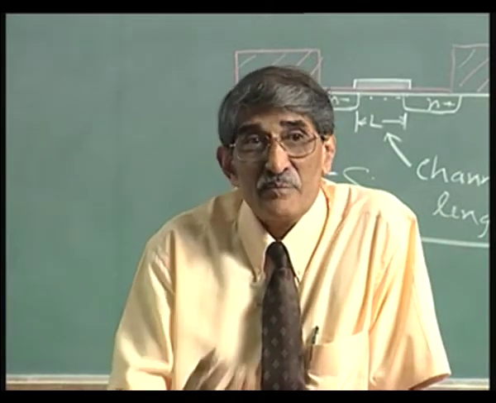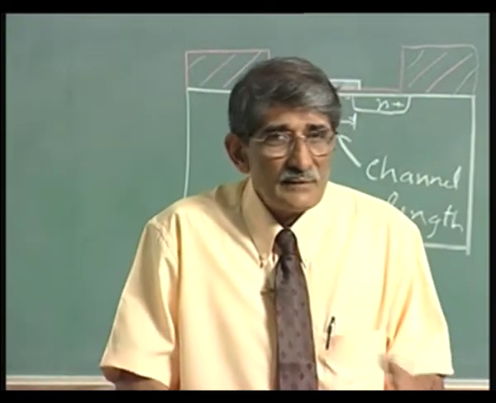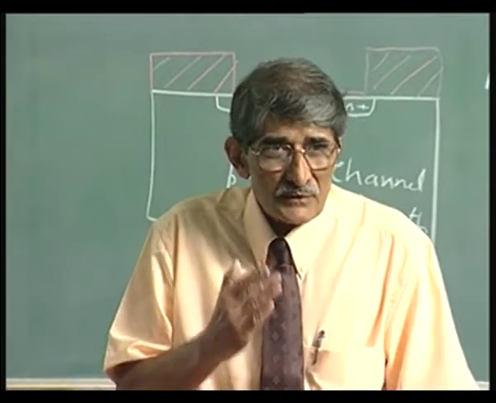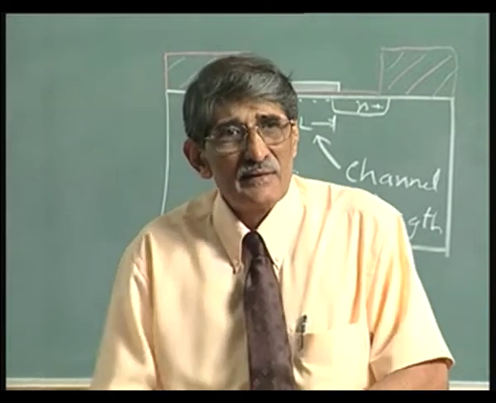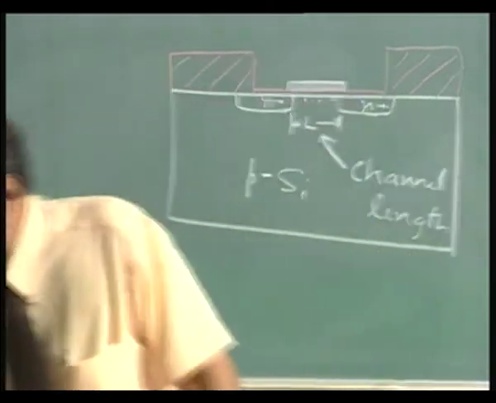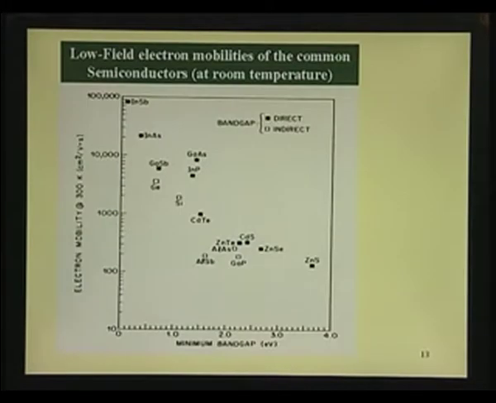So, the result is the temperature rise. When the temperature rises, you do not want the devices to lose their property. Junction should behave like junction. You can't tolerate germanium in those devices. Silicon with fan and all that you are able to tolerate. So, you are looking at materials which have band gap definitely higher than that of silicon. Higher mobility and higher band gap.